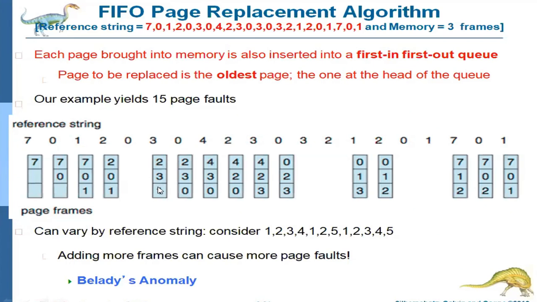In 2, 3, 1, which is the oldest? 2 no, 3 is not there. So next 1 is the oldest, as you have to follow first in first out. So 7 already replaced, 0 is already replaced, next 1 is replaced. So 1 is replaced with 0.